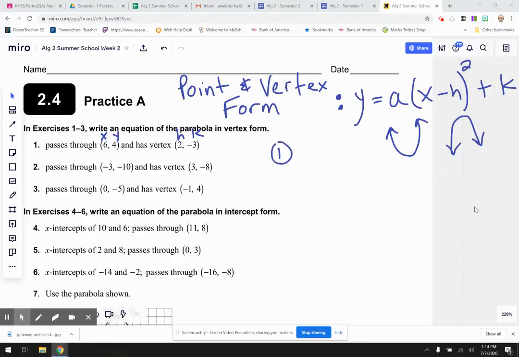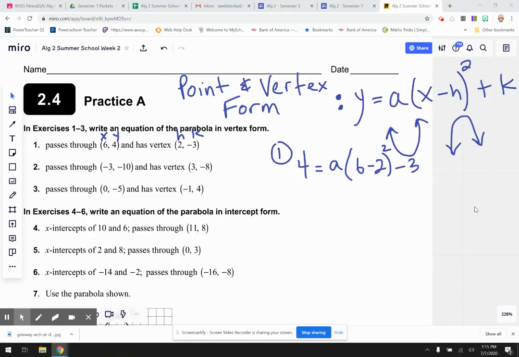So I'm going to do number one right here. I'm just going to plug it into the formula. It's going to be y equals, so that's 4 equals, because 4 was my y. And then it's going to be x minus h, so it's going to be 6 minus 2. I don't know what the a is yet, I have to leave that there. That's what I'm trying to figure out. It's going to be 6 minus 2 quantity squared, then plus k. Well, k is negative, so instead of doing a plus negative, we're just going to put minus 3.